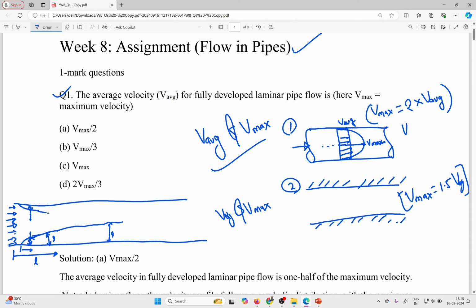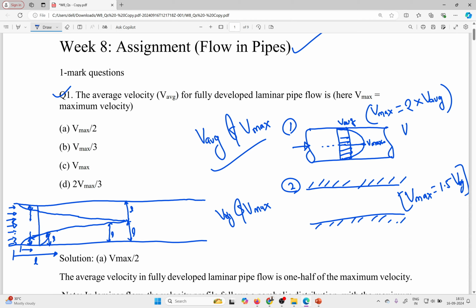Similarly in the rest part. After a certain distance, your resistance from this side and from this side will reach the center from both sides. After that, your velocity diagram will be like that.